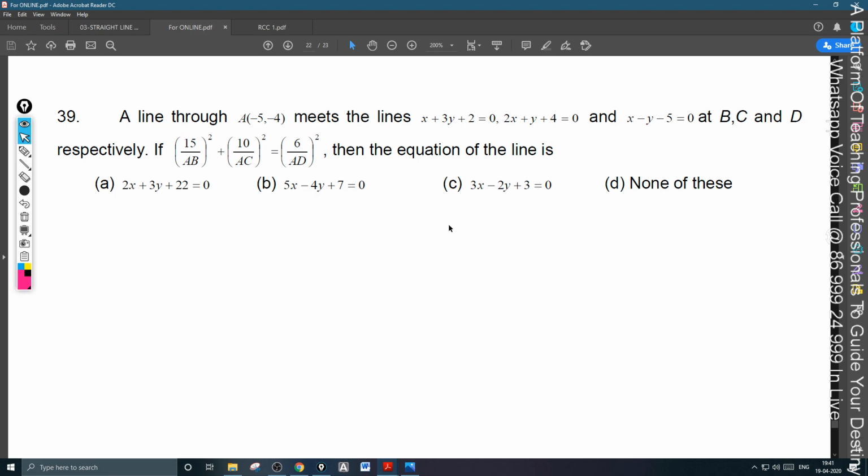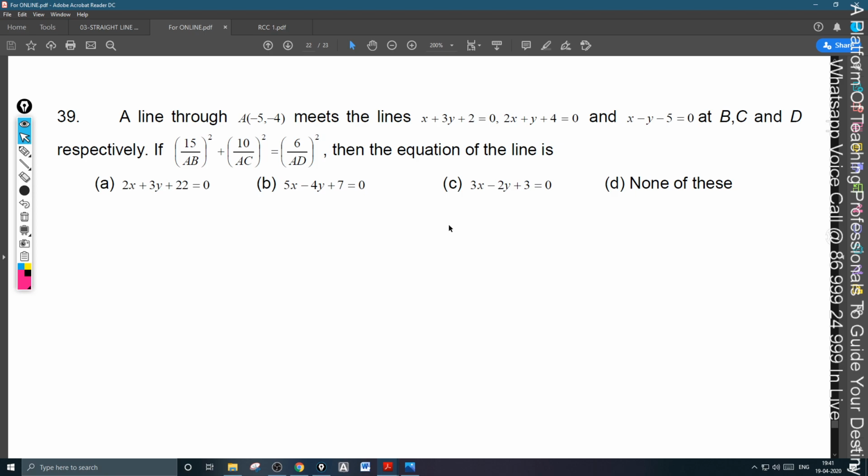And one more line is x minus y minus 5 equal to 0. And the line through A is intersecting these 3 lines in B, C, D. Then we have to find 15 divided by AB.